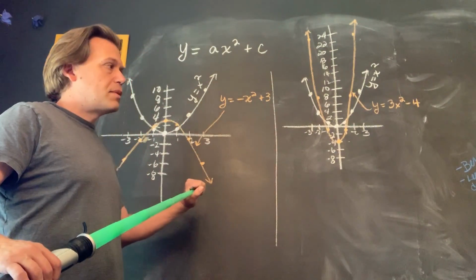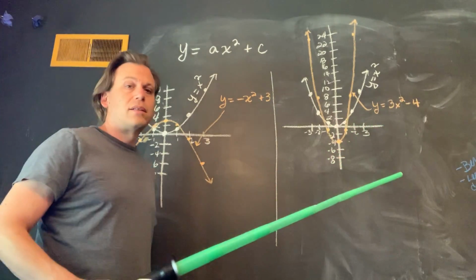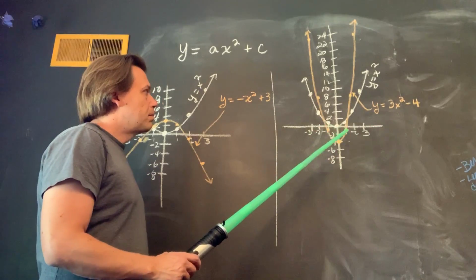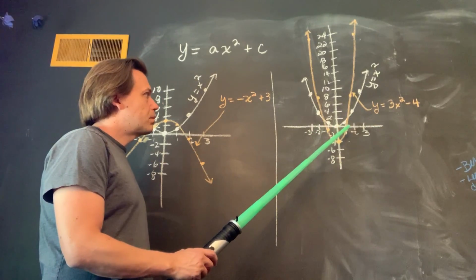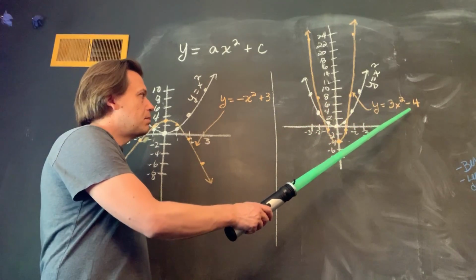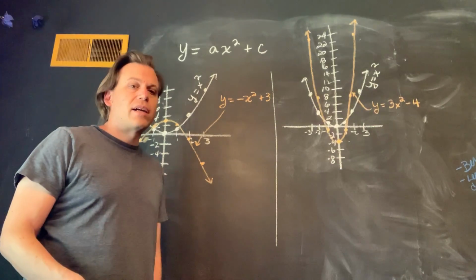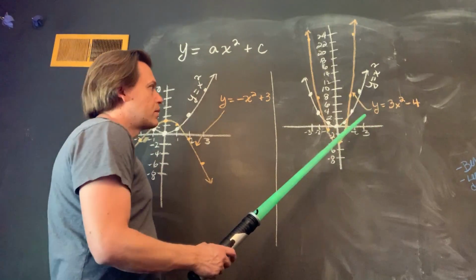Okay, the next one, 3x squared minus 4. Compared to y equals x squared, I'm going to multiply by 3 and subtract 4 every time I square my x value.